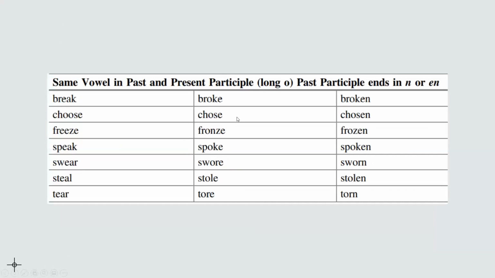And here we have the same vowel in past and past participle, and the past participle always ends in n or en. For example, break, broke, broken. Choose, chose, chosen. Freeze, froze, frozen, speak, spoke, spoken, and so on.